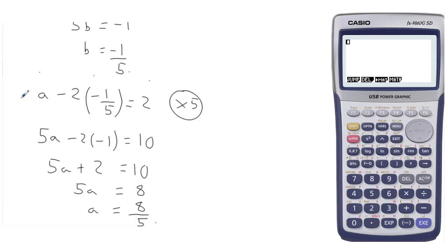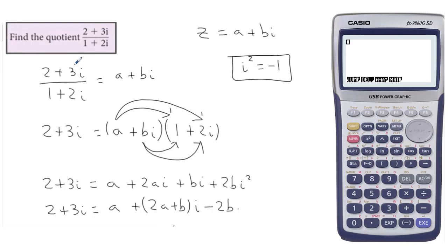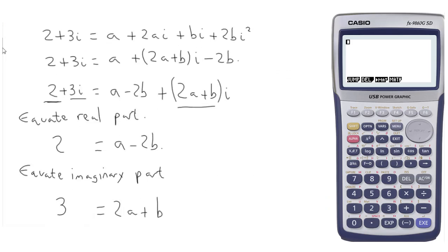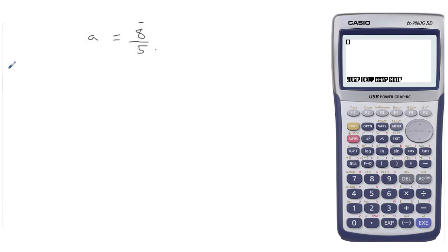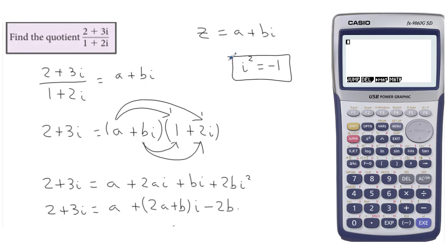We have been asked for the value of the quotient, as in what is the answer to 2 plus 3i over 1 plus 2i. Remember, we said it was going to be a plus bi.